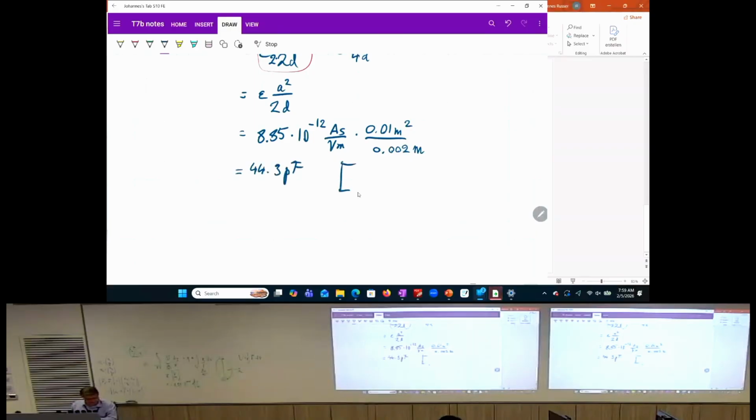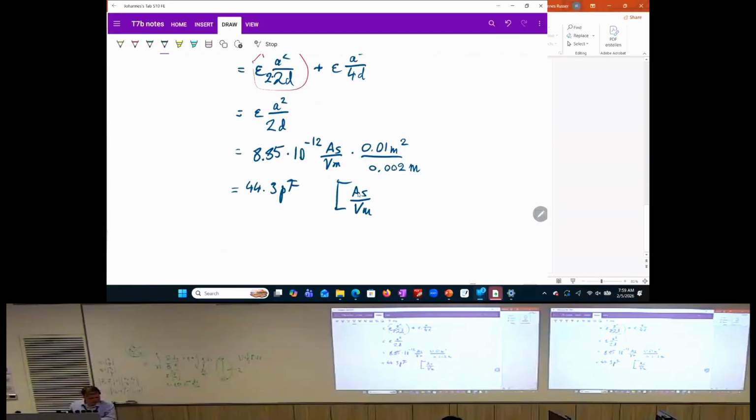So in terms of units, you have here ampere second per volt meter. That gives you the epsilon times meter.